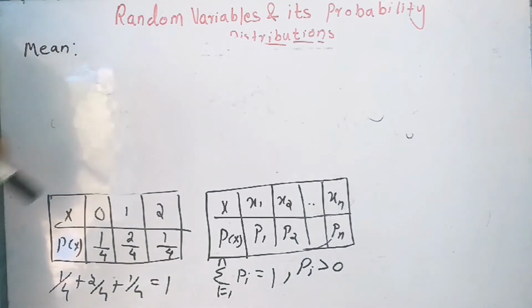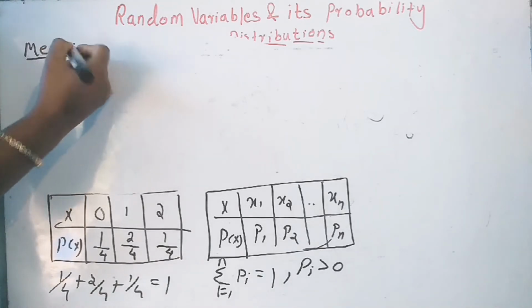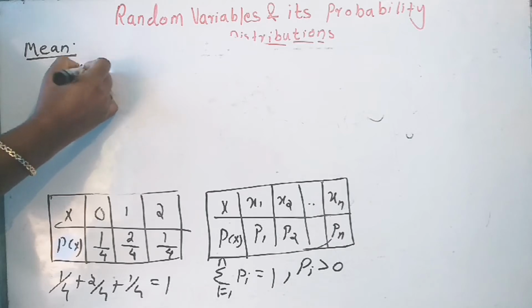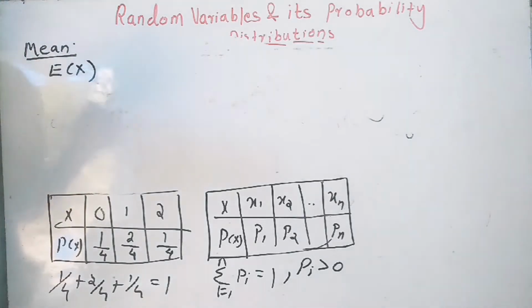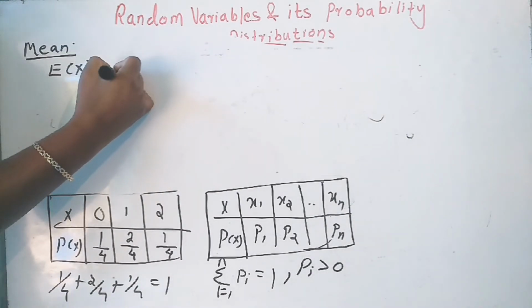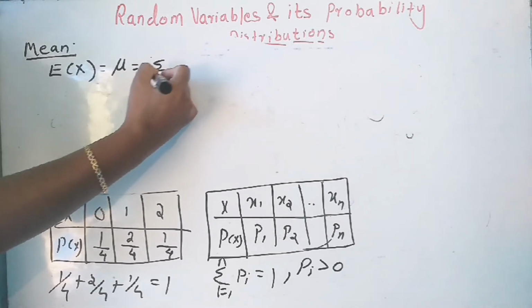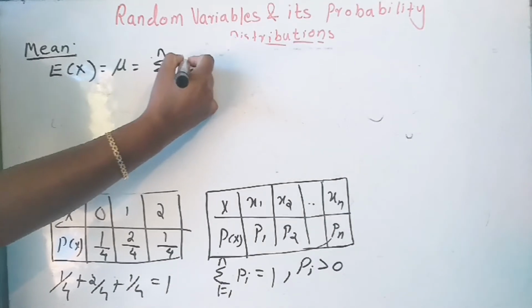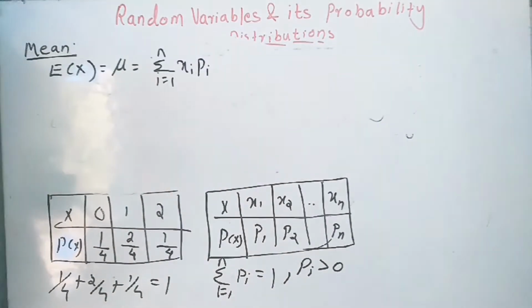Now, mean of a random variable. It is denoted by E of x, that is expectation of x, or mu, which is equal to summation i = 1 to n of xi pi.